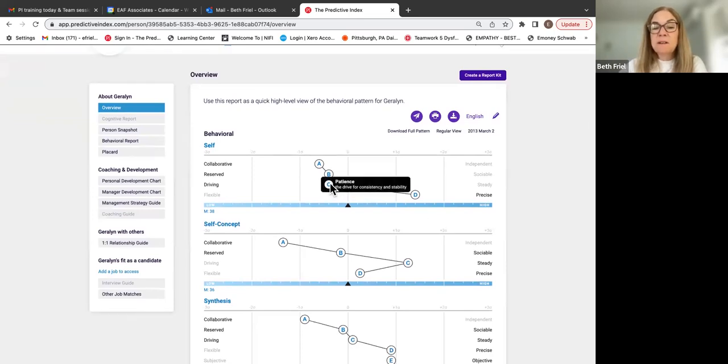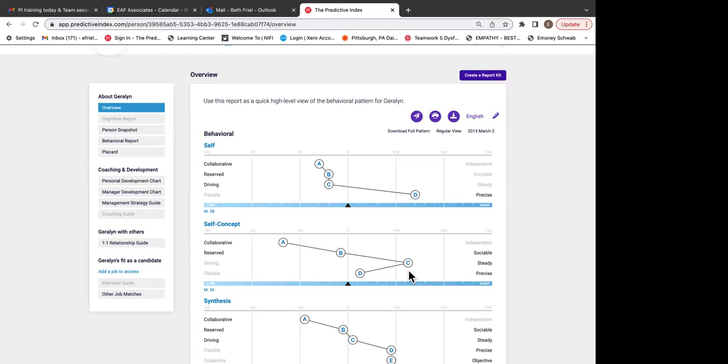Because you can see here, you've got D higher than C, and then in self-concept, you've got C higher than D. And you had to be much more patient. Do you still feel that way? That's one way of approaching it, driving back to how they see their self versus their self-concept, because really, how do the results align to how you see yourself on a day-to-day basis versus how you felt in that role?